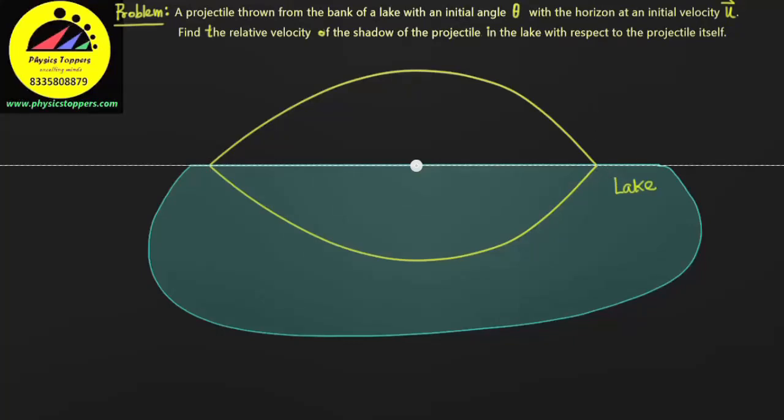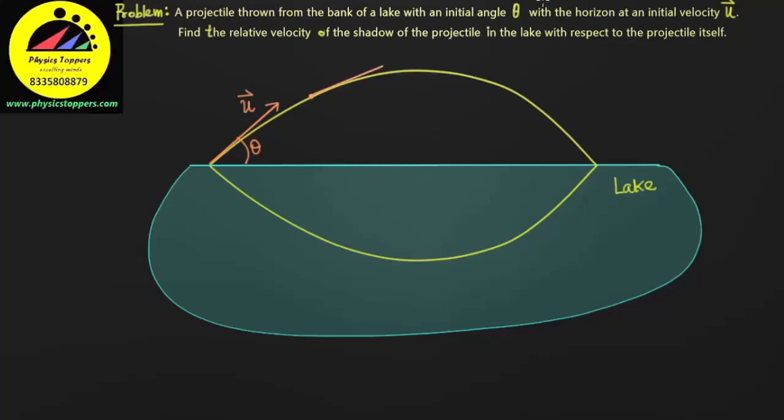So this is the projectile, maybe it's not a parabola, and this is the initial velocity u. And this is the angle theta. So at any instant of time, the velocity of the projectile will be like this, right?